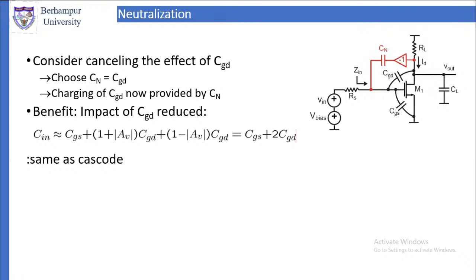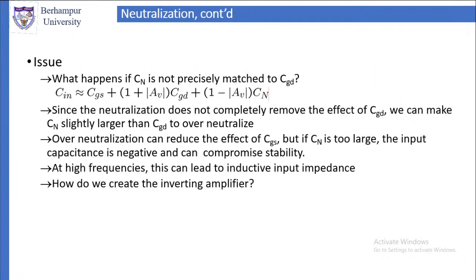If you add them together, it is CGS plus 2 CGD. Same as in a cascaded amplifier, but without cascading. There is no cascading, but the effect is the same as the cascaded amplifier. So using neutralization is a better choice among all the choices. I assume that neutralization is the best choice.